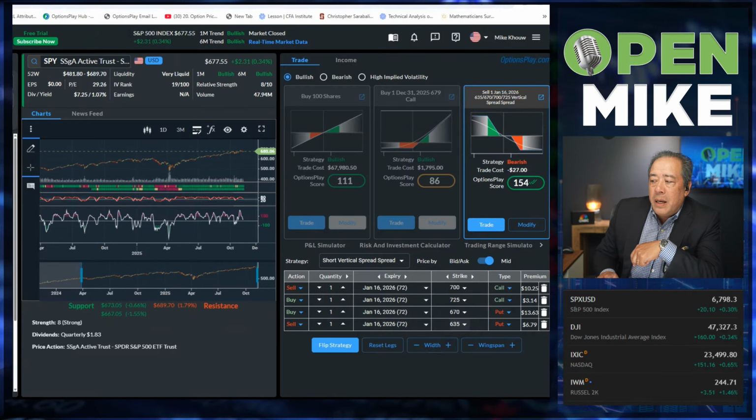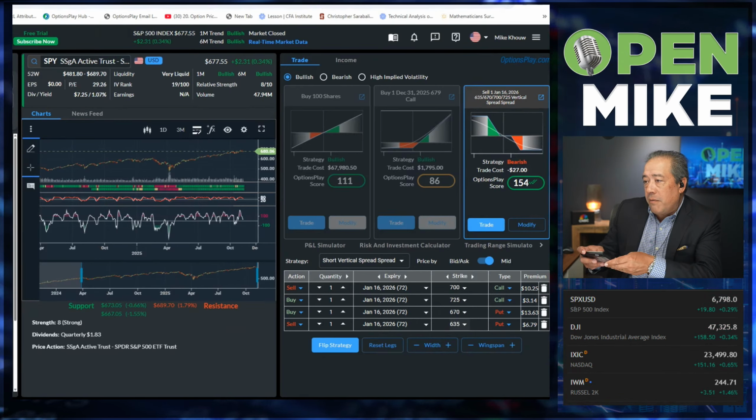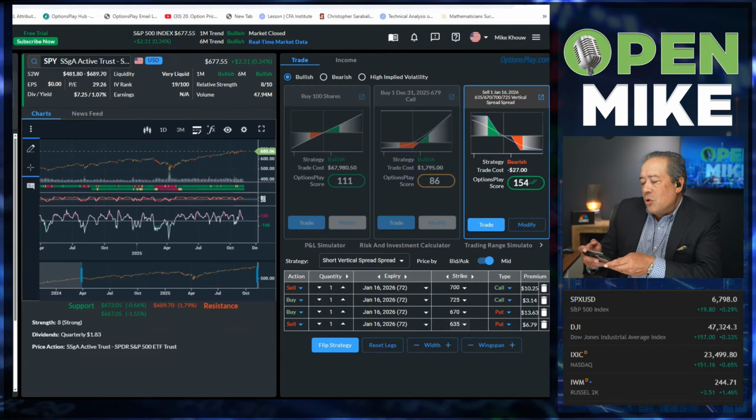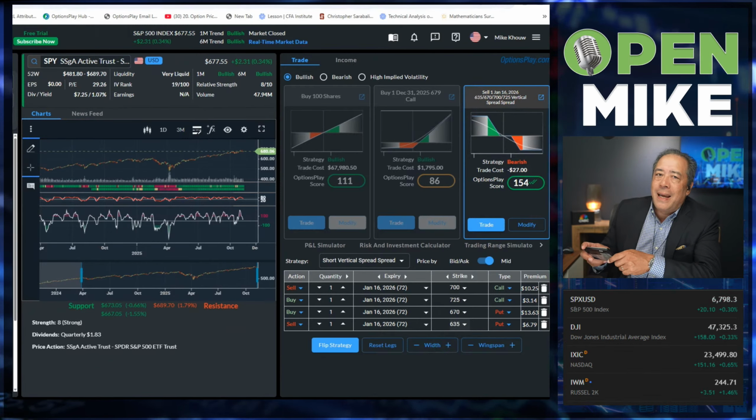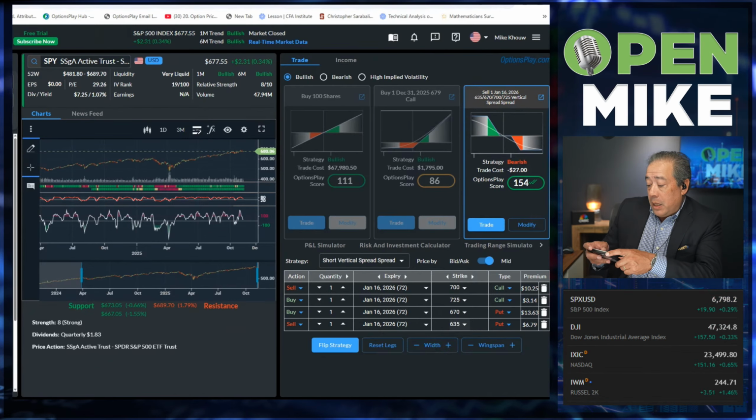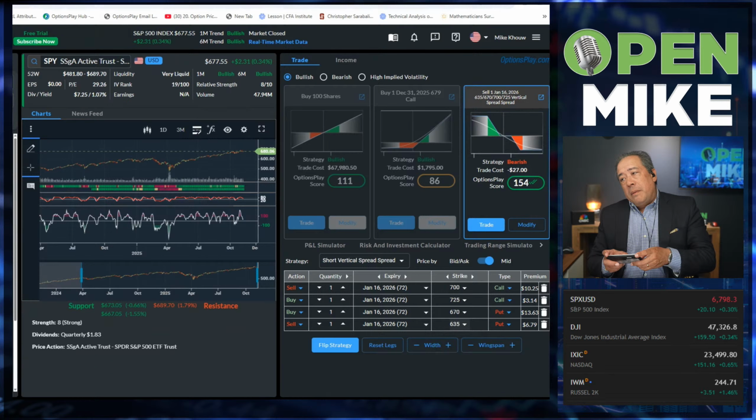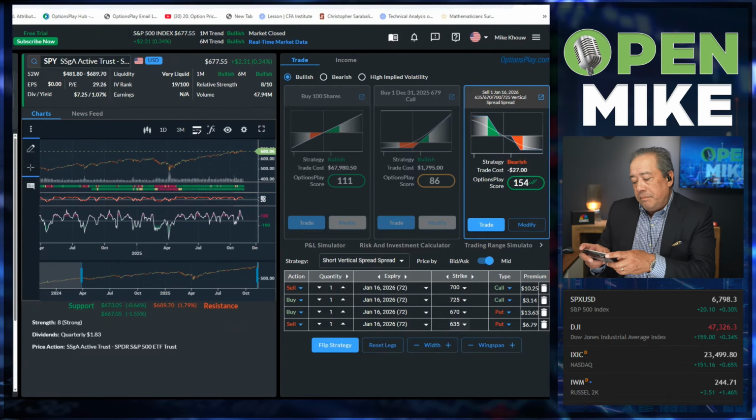The put spread I'm buying is struck at 670. Okay, so 670 versus today's closing price of 677.55. That is 1.1% out of the money. The calls, on the other hand, are 3.3% out of the money.